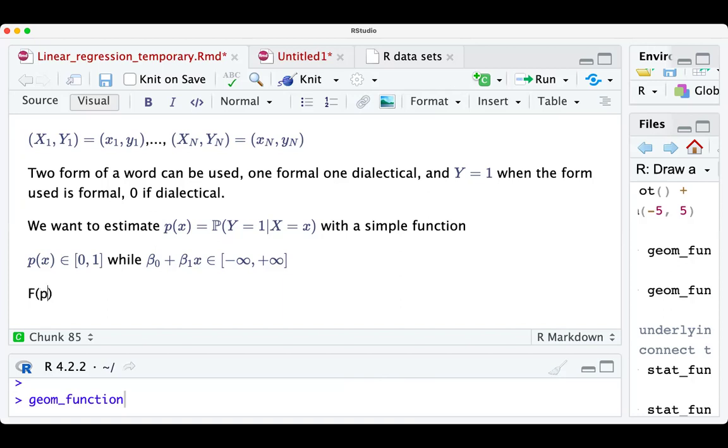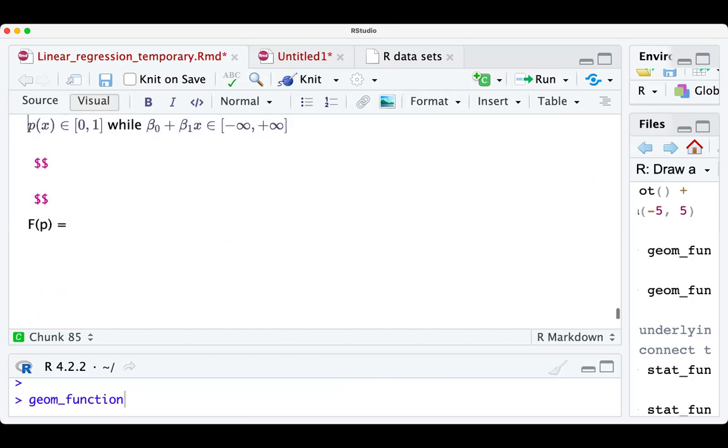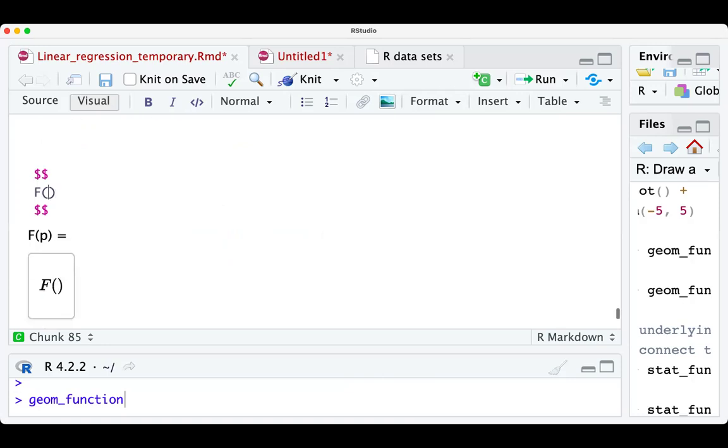So f of p of x is equal to the logarithm of p divided by 1 minus p.